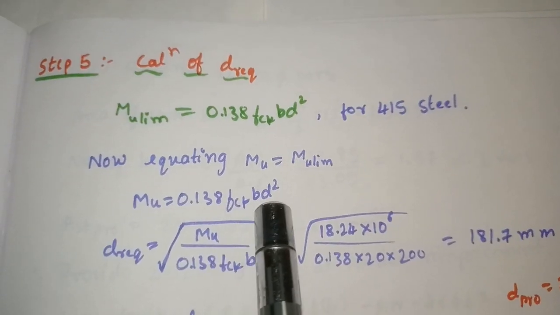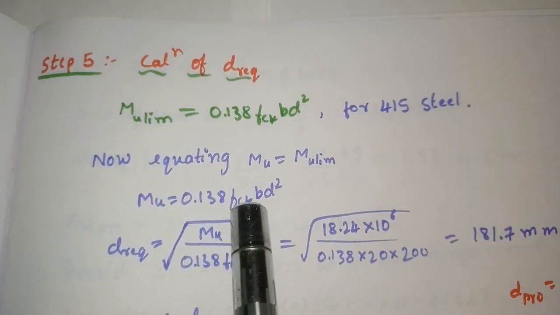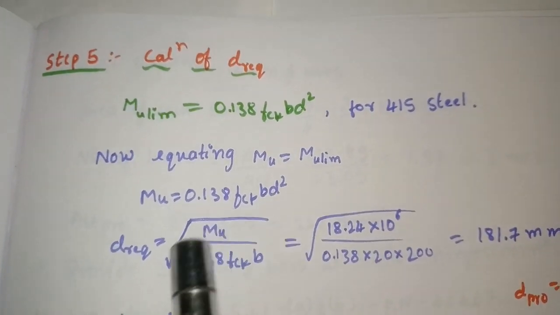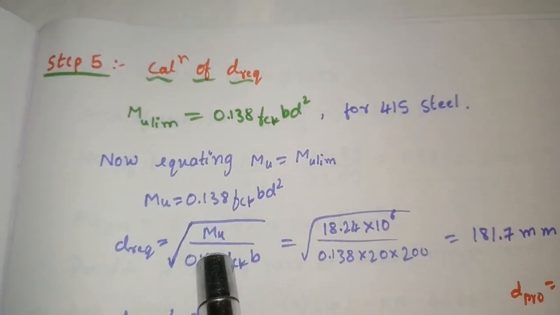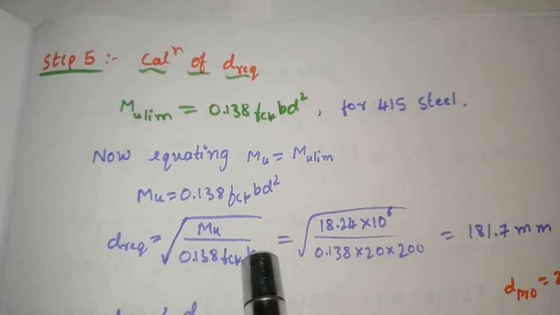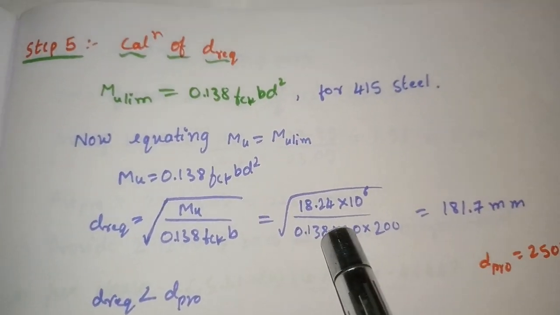So I have moved 0.138 FCK B to the denominator, and I have taken the square root. D equals the square root of Mu divided by 0.138 FCK B. I have rearranged it. So substitute all the values.